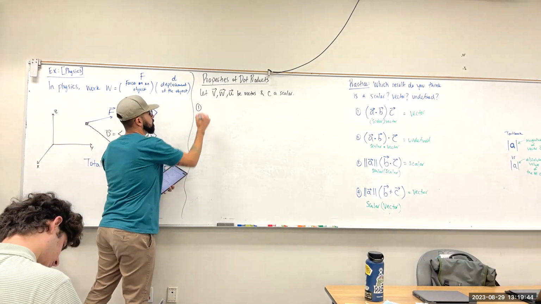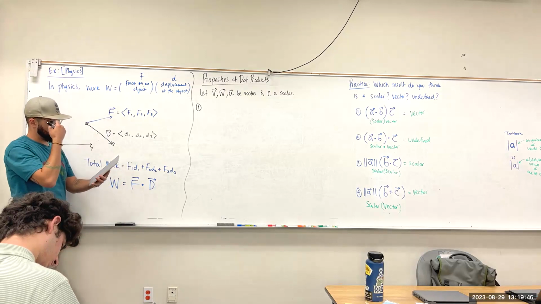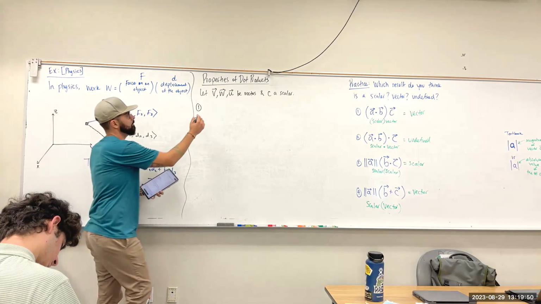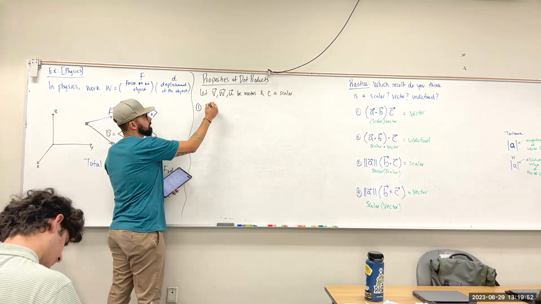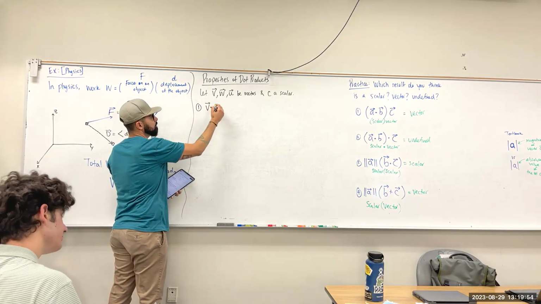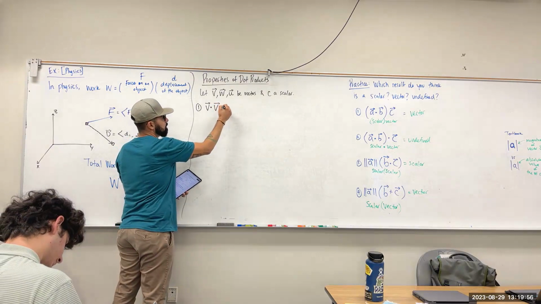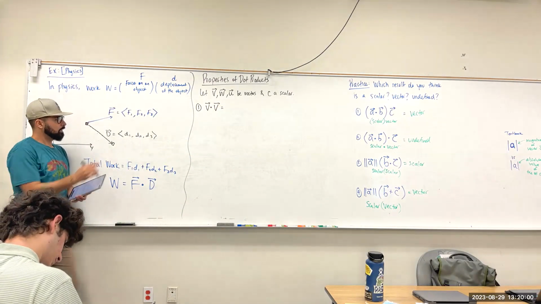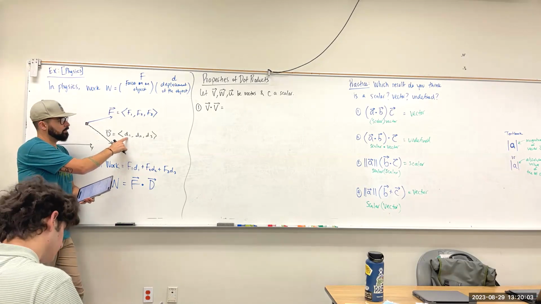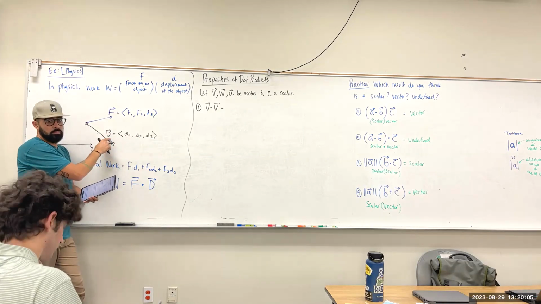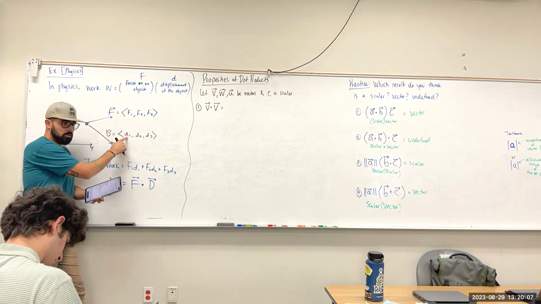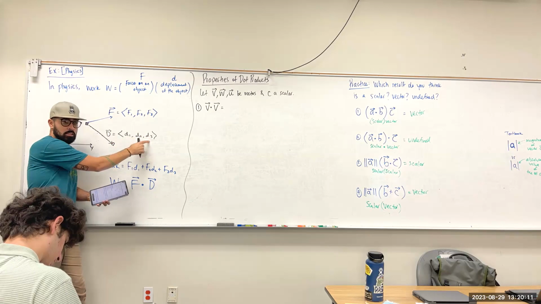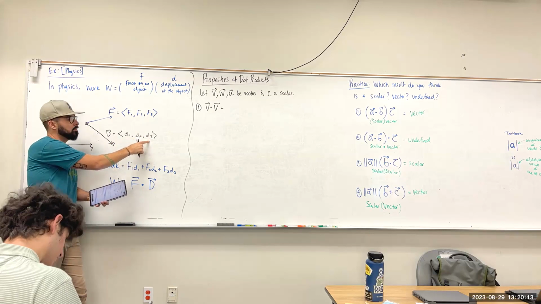Here's a nice property that we're going to see a lot in this class. If you have a vector V and I dot it with itself, then it would be D1 times D1, so D1 squared plus D2 squared plus D3 squared, because it's just multiplying with itself.